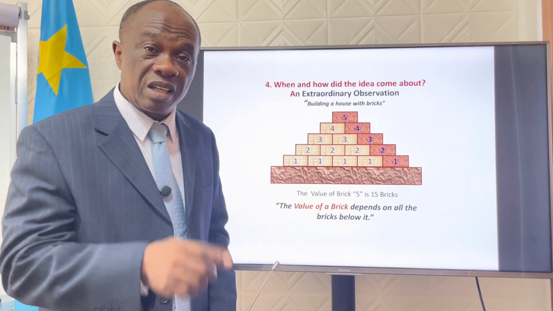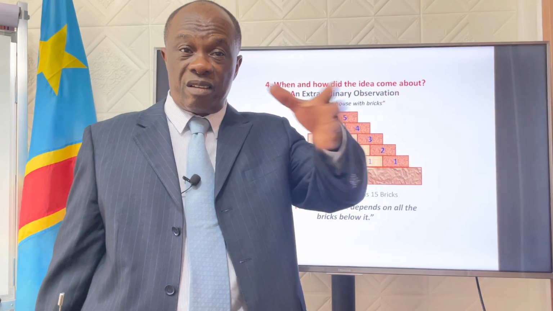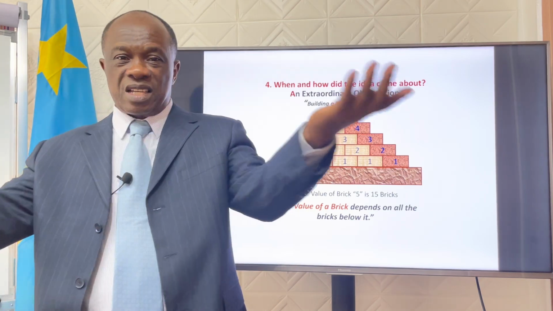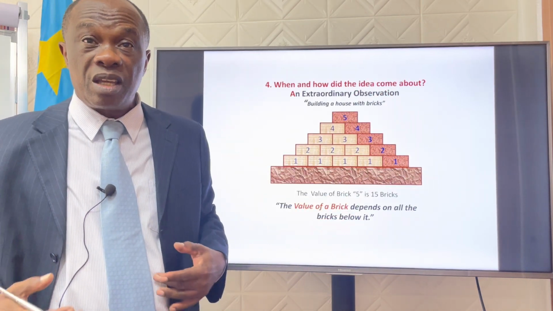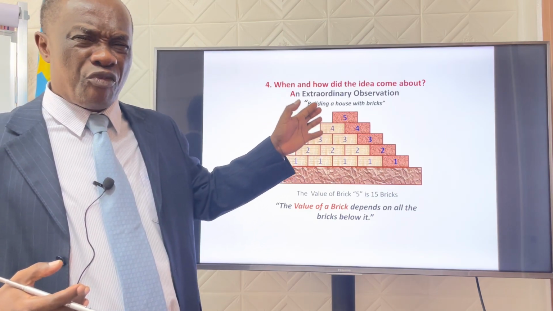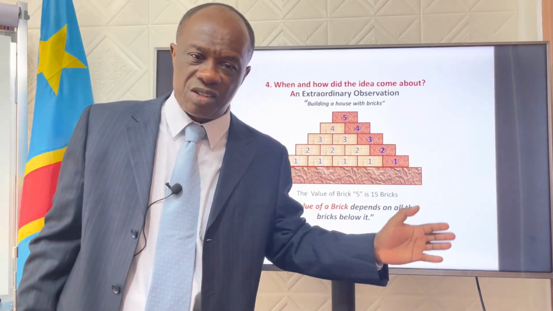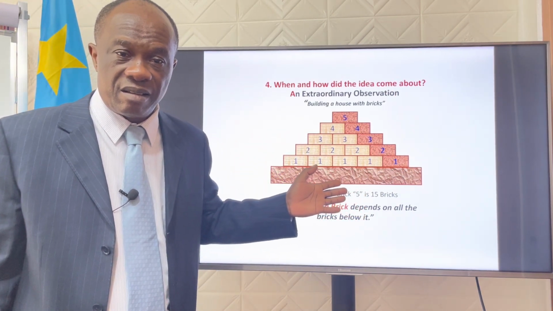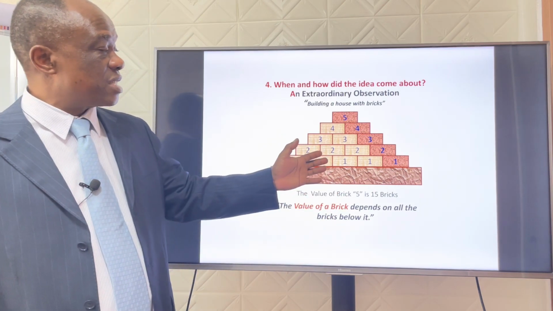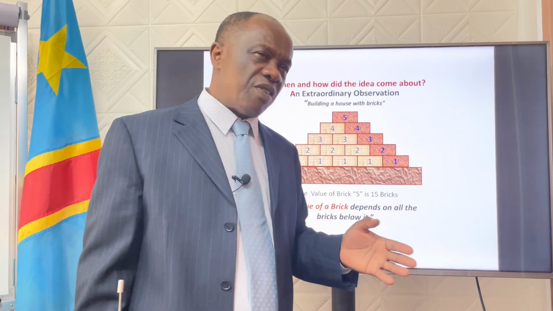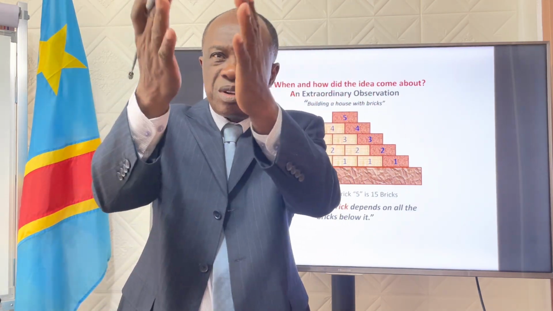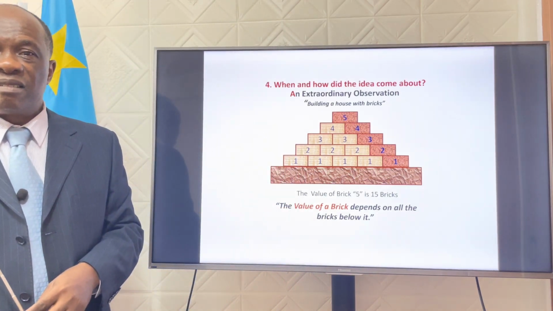The value of a brick. Therefore, when you look at the bricks on the wall, you see all the bricks are the same. But for me, for many years, decades, I believed that the value of the bricks on the wall is different, depending on the location of the brick.